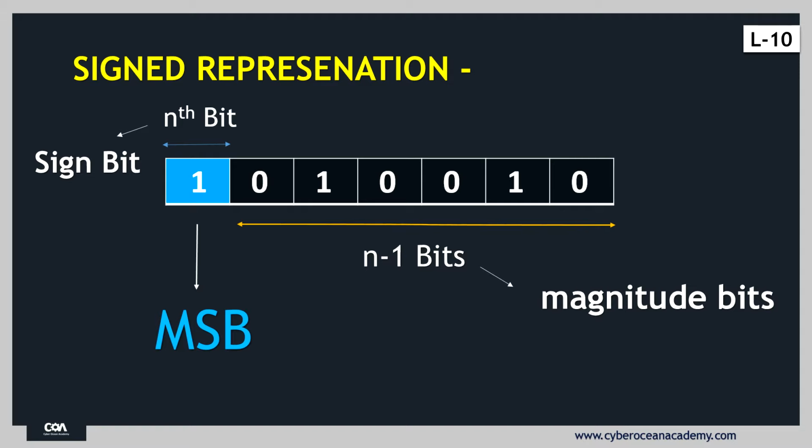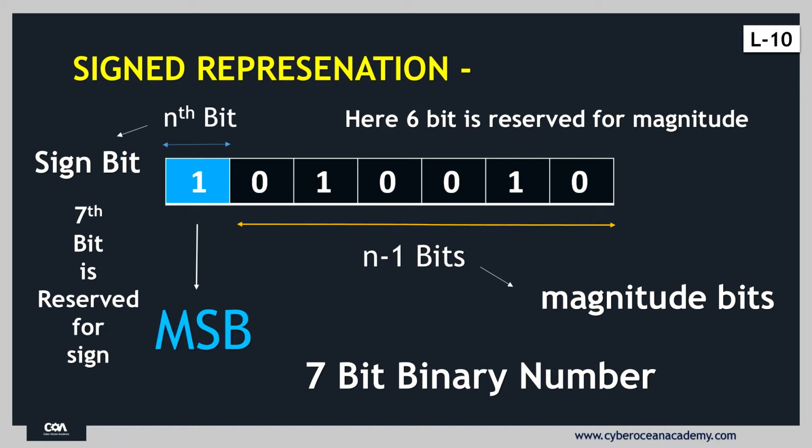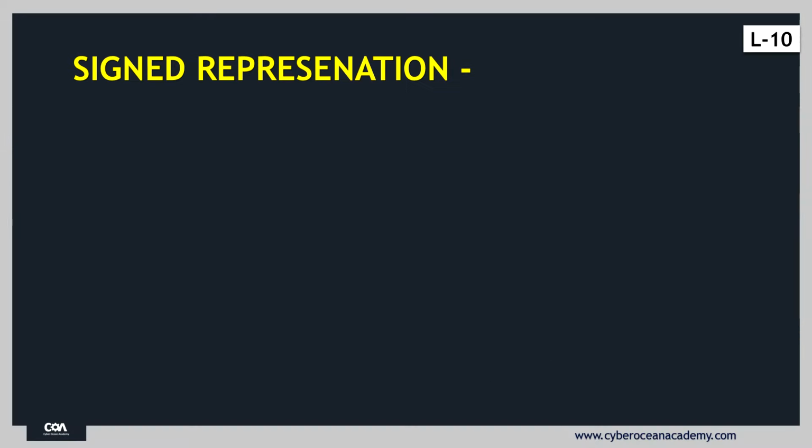Now this is a 7 bit binary number. Here 6 bits are reserved for magnitude and the 7th bit is reserved for sign. So this is your MSB. Now let's understand what is LSB.